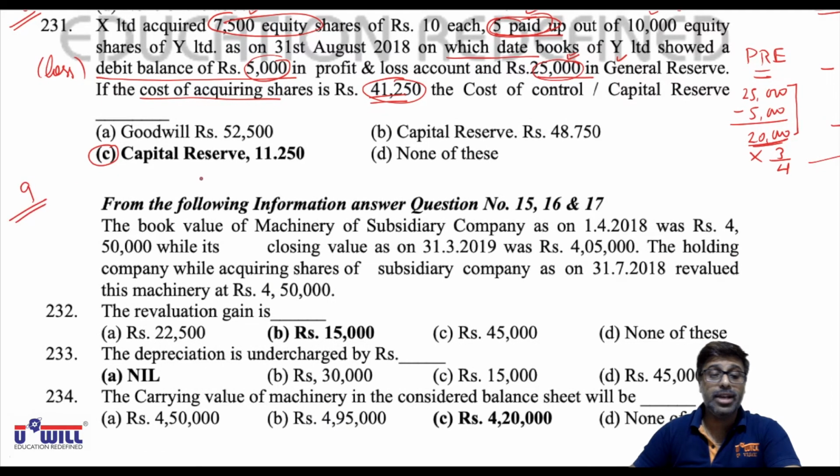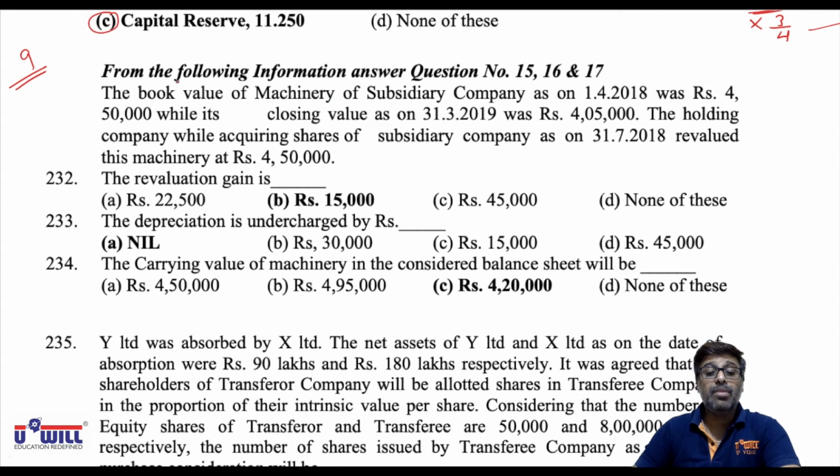So look at question 9. From the following information, answer question number 15, 16 and 17. The book value of machinery of subsidiary company as on 1/4/2018 was 4,50,000, while its closing value on 31/3/19 was 4,05,000.